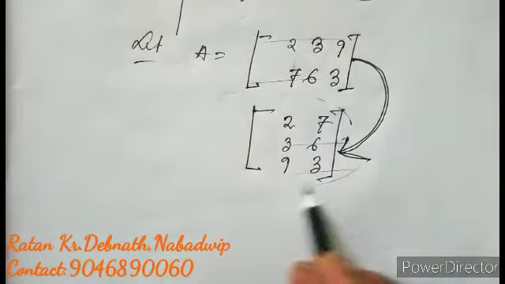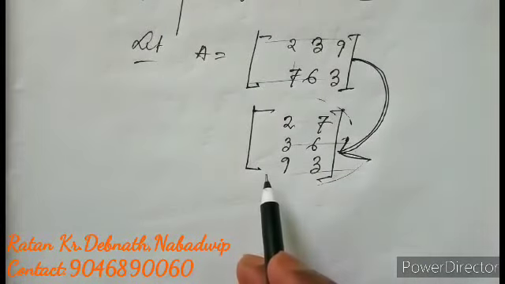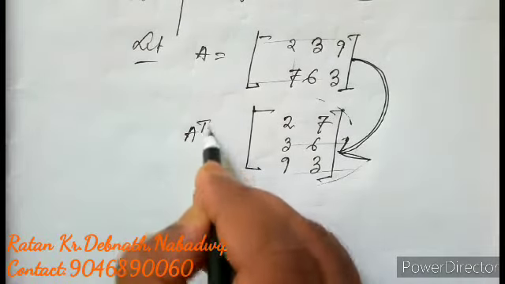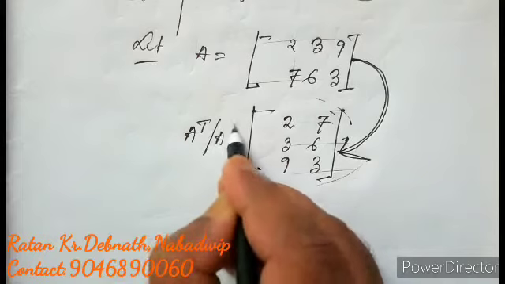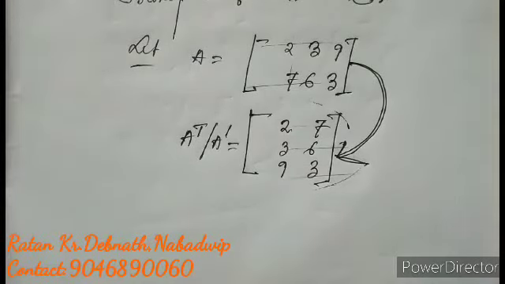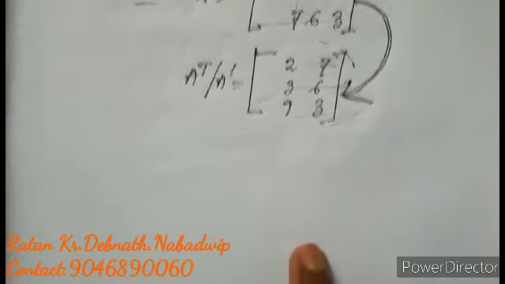The new matrix is called the transpose of the first matrix, and we denote this by A T or by A prime.